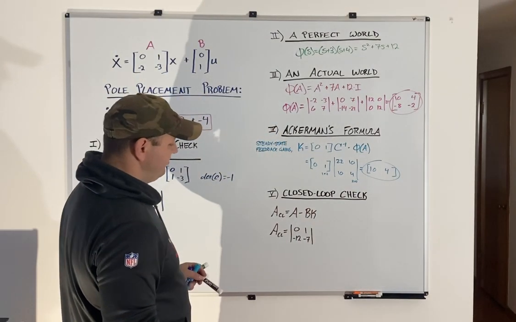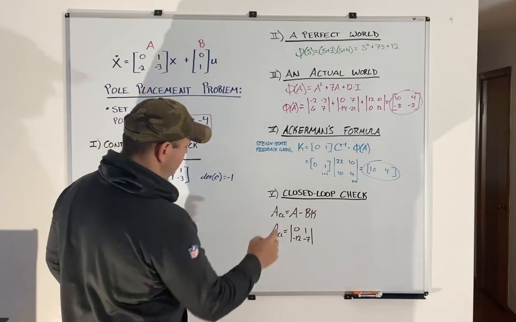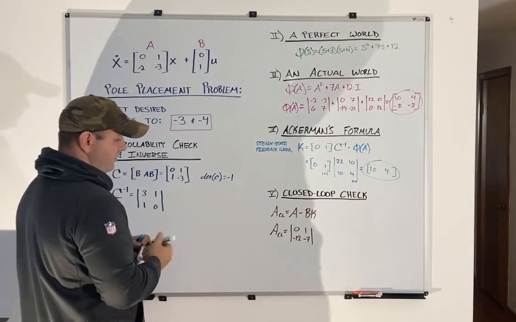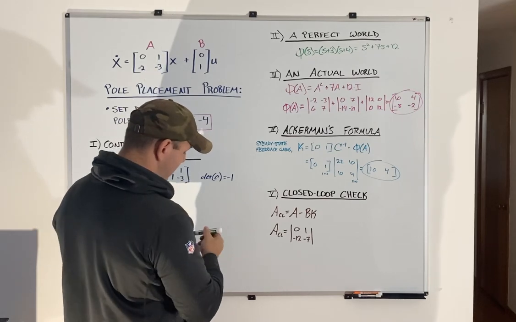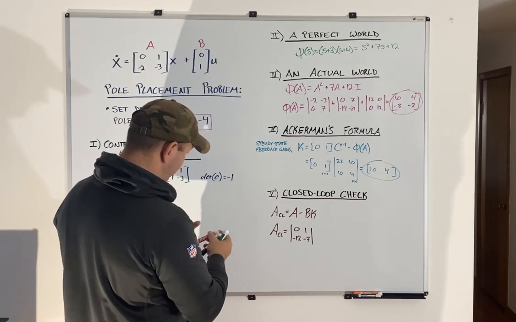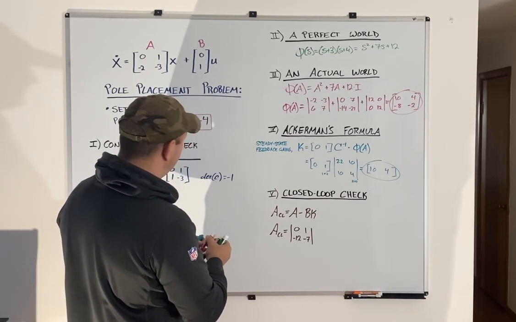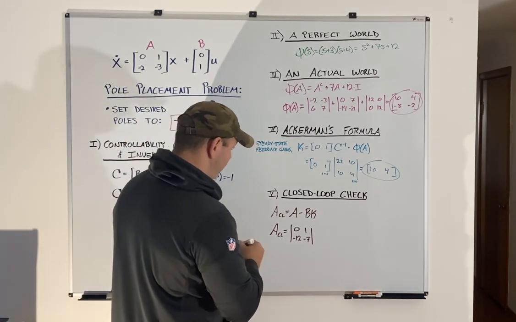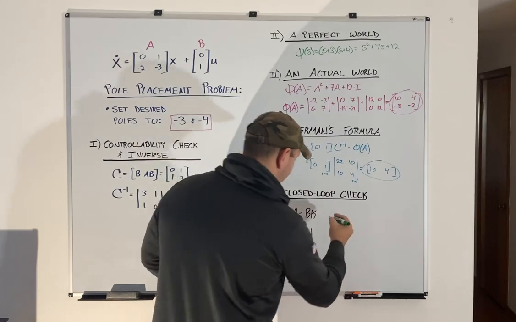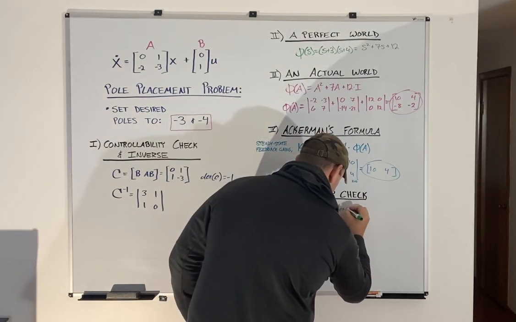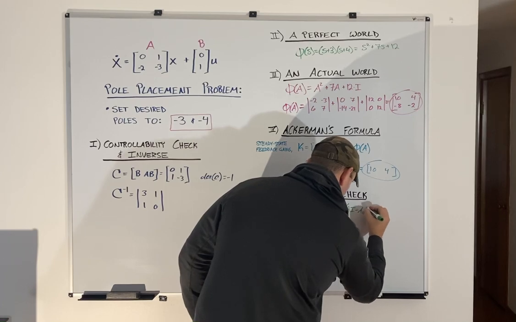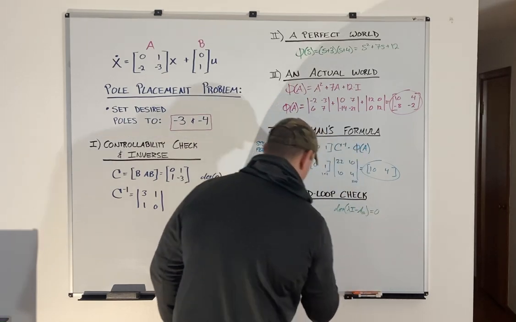Essentially we're done, but now we want to check. Does this closed loop A matrix give us the poles that we want? To do that, we need a quick eigenvalue check on this A closed loop. The eigenvalues come from the determinant of lambda I minus A closed loop set equal to 0.